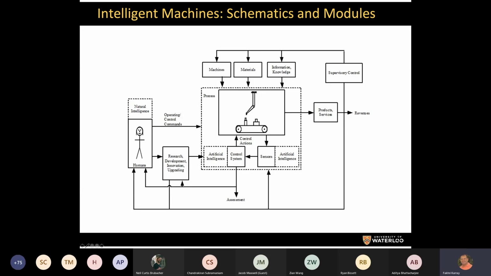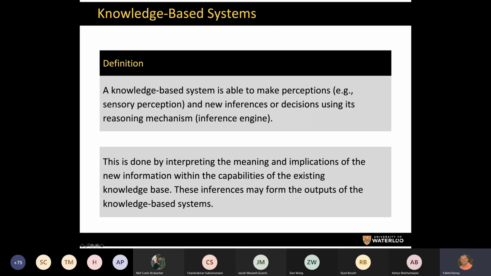The information and knowledge go through the supervisory control, which is a component of the overall intelligence of the system. Then the system provides you with a product, with services, and of course, ultimately, if the company is successful, with revenues. So these are very simple examples of what we mean by an intelligent machine.